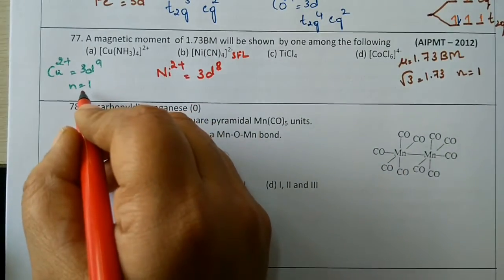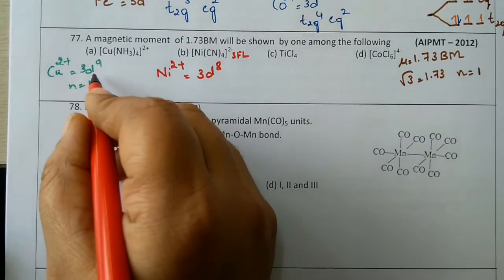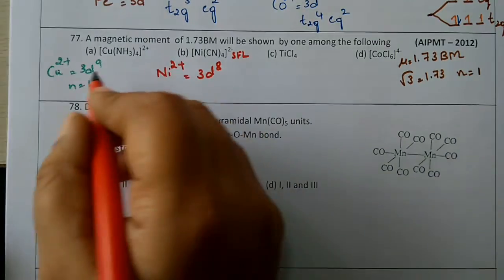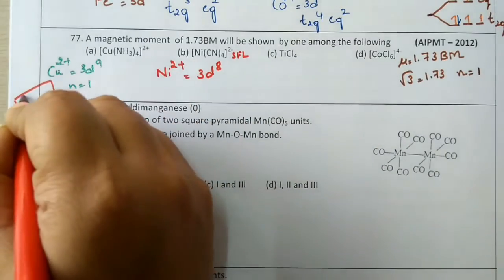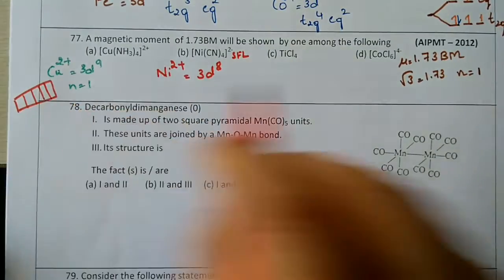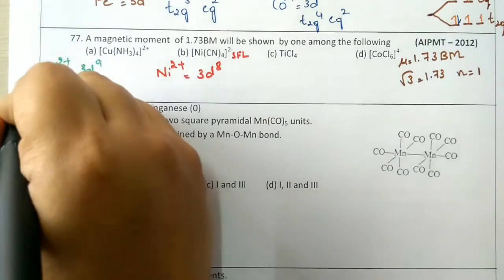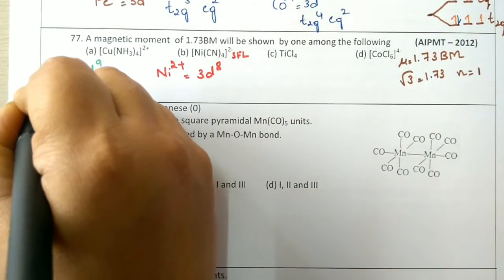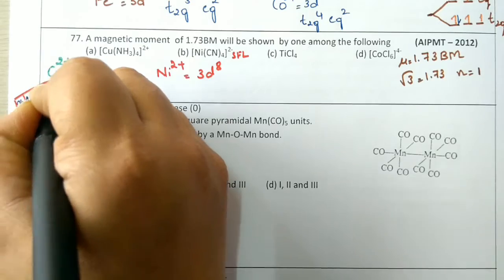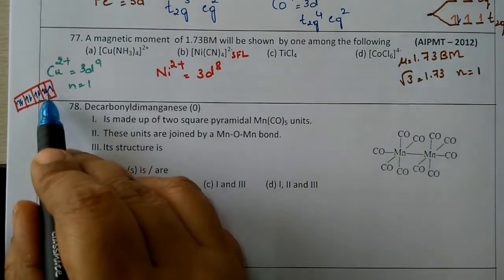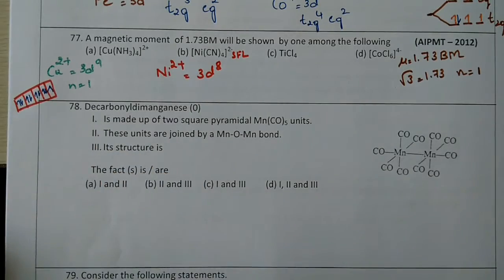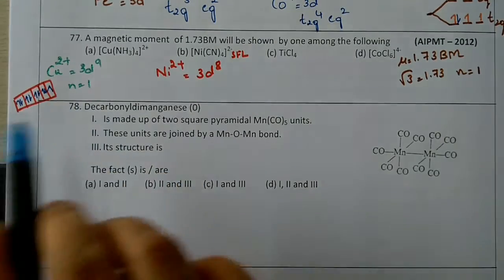Here, even if you consider strong field or weak field, there is no possibility of pairing, because already all the 4 orbitals are completely filled. 1, 2, 3, 4, 5, 6, 7, 8. It is completely filled. The 9th one is present here. So there is no option of shifting at all. Okay.